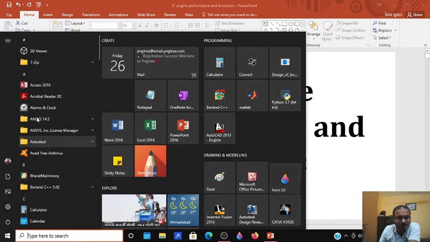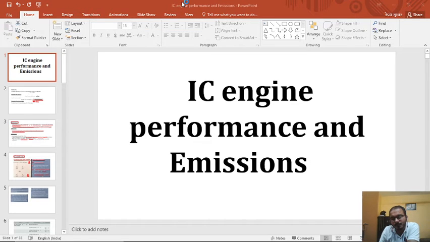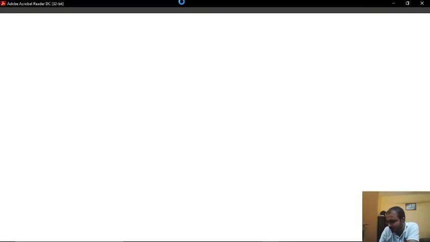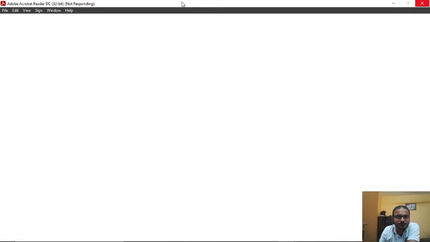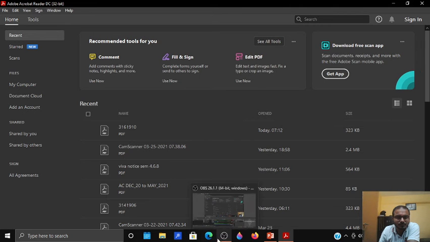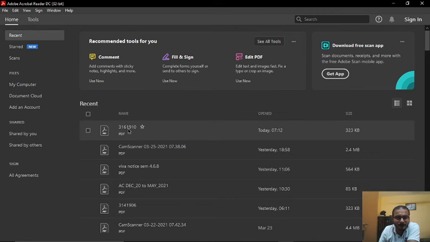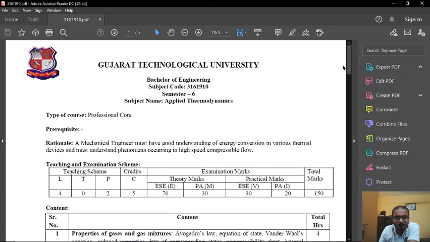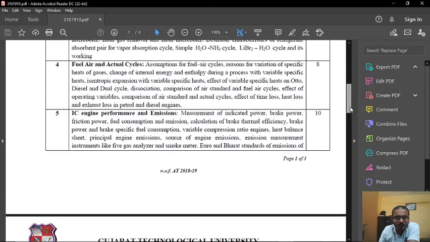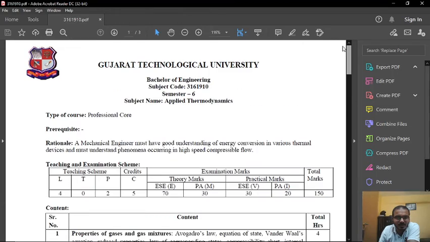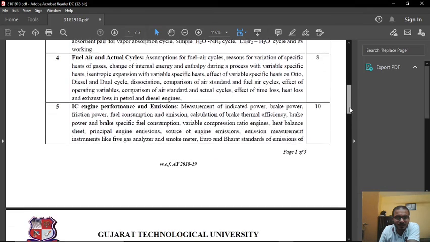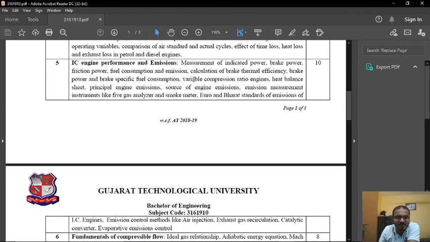So let's revisit the syllabus. So that was the fifth unit as per the GTU syllabus in our subject of applied thermodynamics, and we have covered all the topics one by one.